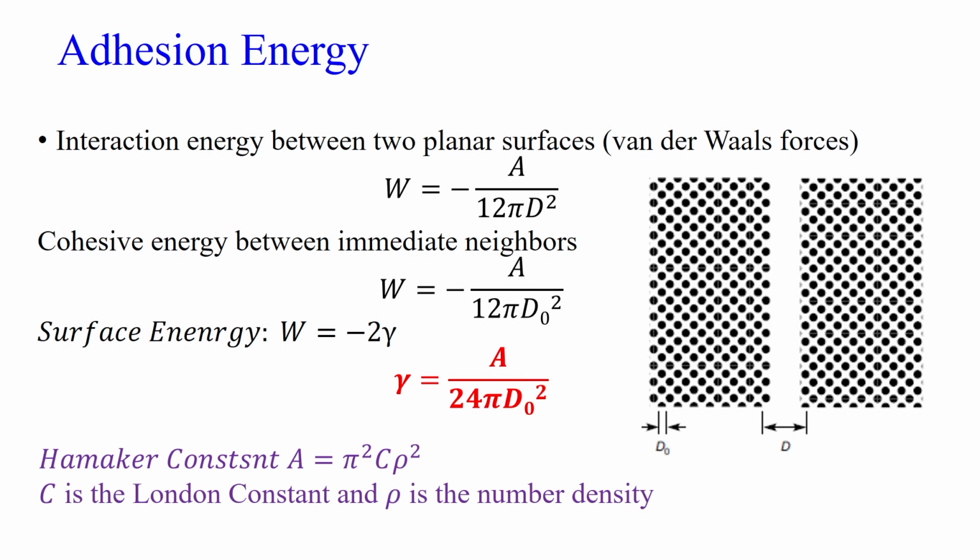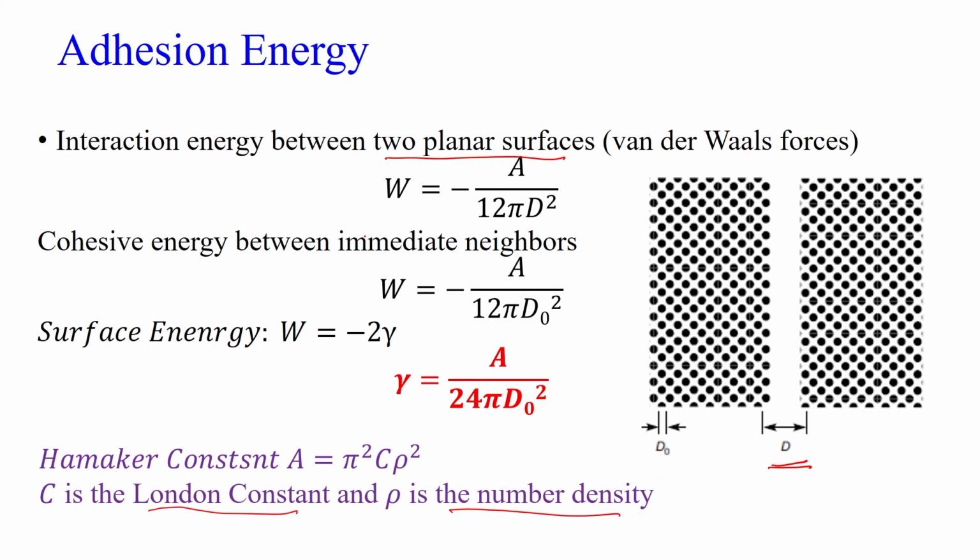So, first, what is adhesion energy, before we start. If you remember the van der Waals interaction between two planar surfaces, distance between them is d. So, the work of adhesion is A divided by 12 pi d square, where A is the Hamaker constant, which is defined as pi square c into rho square, where c is the London constant and rho is the number density.